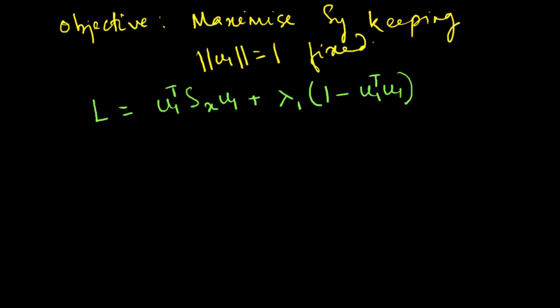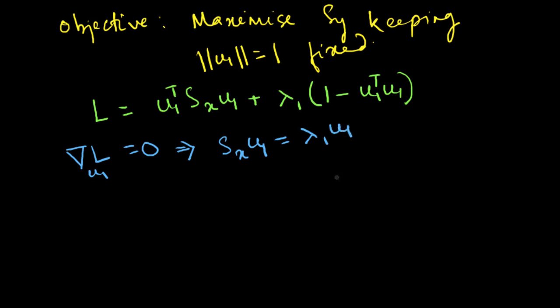So let's do that. How do you maximize? You take a gradient and equate that to 0. So you take the gradient of L with respect to u1 and equate it to 0. When you take this gradient with respect to u1, what you get is Sx times u1 is equal to lambda 1 times u1.